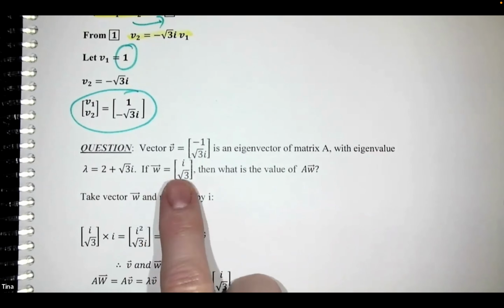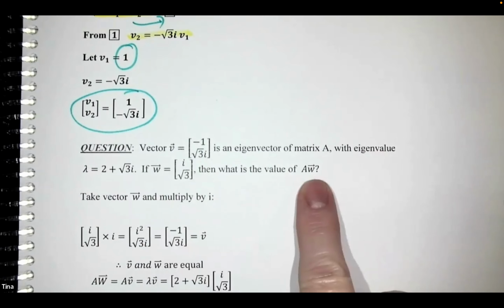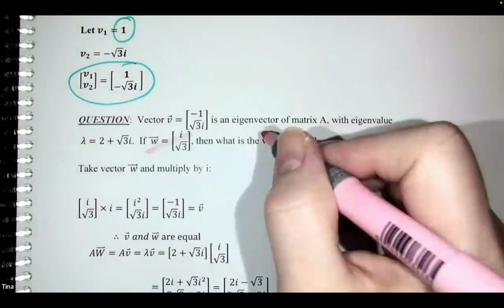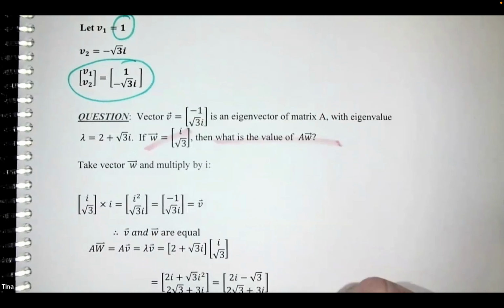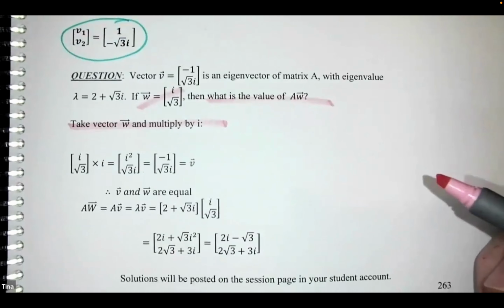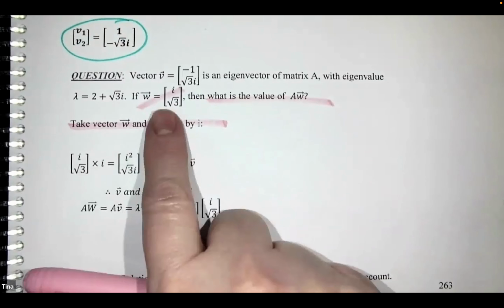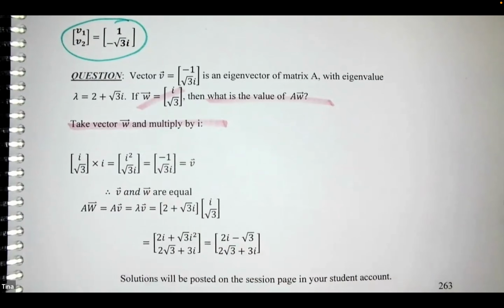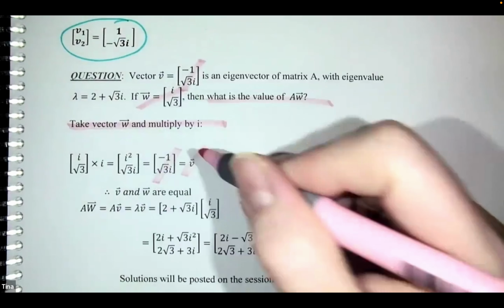If W is i, root 3, what's the value of AW? Well, what you notice here is that W does not look like V, does it? It looks very different. But if you take W and multiply by i, you get i times i on the top, which is i squared, which is negative 1, and root 3i.